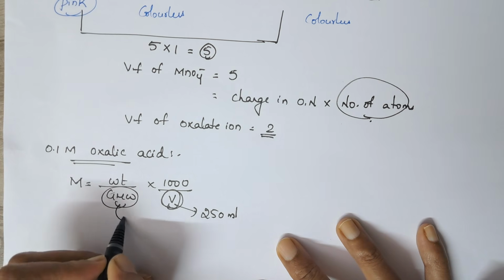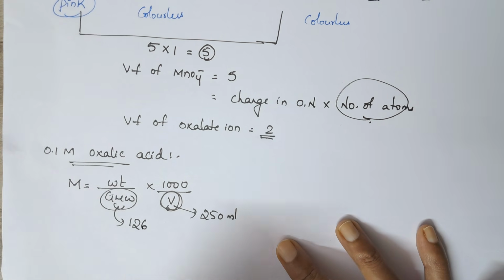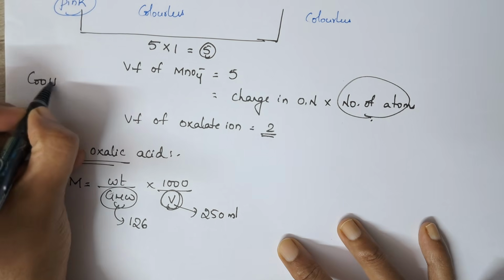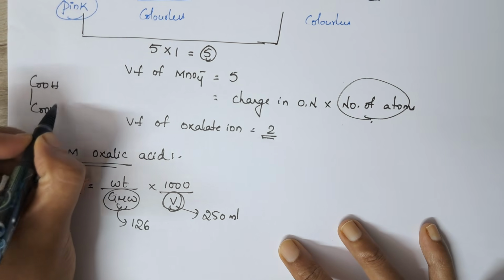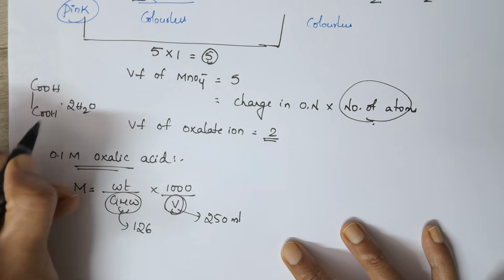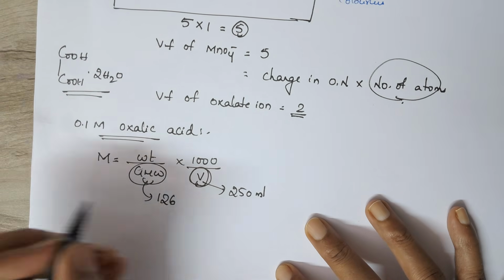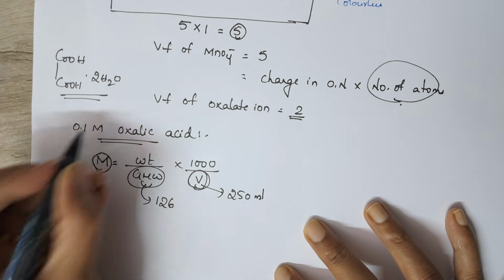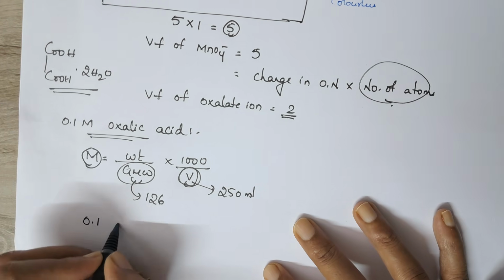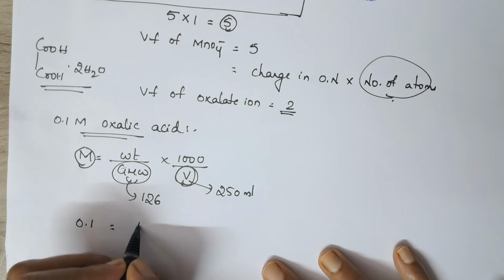Gram molecular weight of oxalic acid is 126. The oxalic acid formula is COOH-COOH·2H2O, so its molecular weight is 126. Substitute molarity; here I have taken 0.1. I will tell you why I have taken 0.1 later.